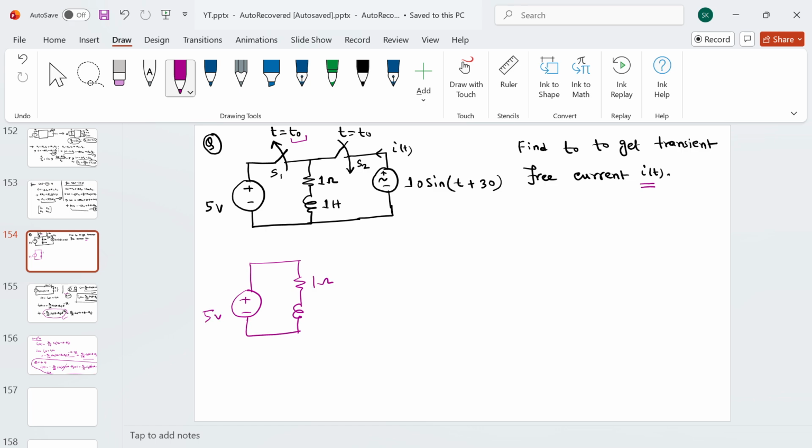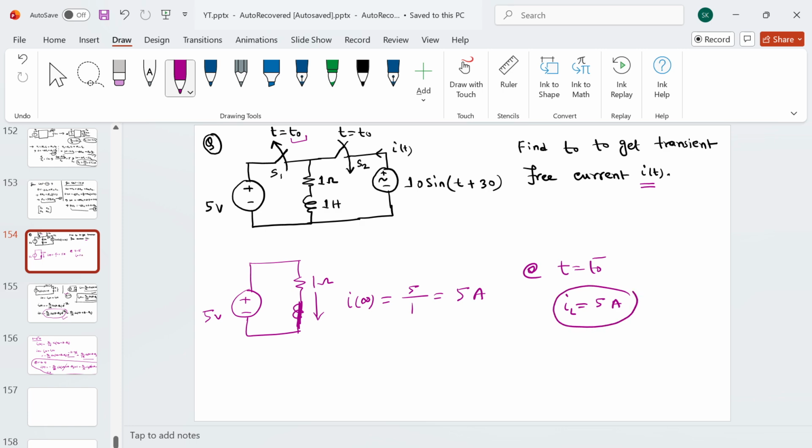At steady state, the inductor simply behaves as a short circuit. The total current flowing in the circuit is I of infinity, 5 by 1, so 5 ampere was flowing in the inductor. So just before the switching action, at t equal to t naught minus, IL is simply 5 ampere.